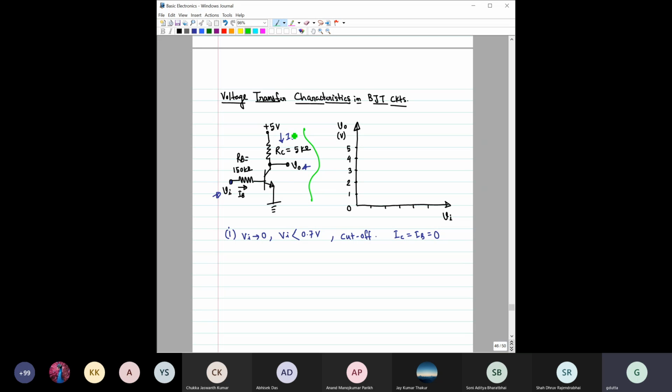If you follow this KVL along this, how can you write it? 5 volt equal to IC RC plus this VC. This is basically that VC. Then if IC equal to 0, what you can write is VC equal to 5 volt only. Yes, sir. It means V output is 5 volt.